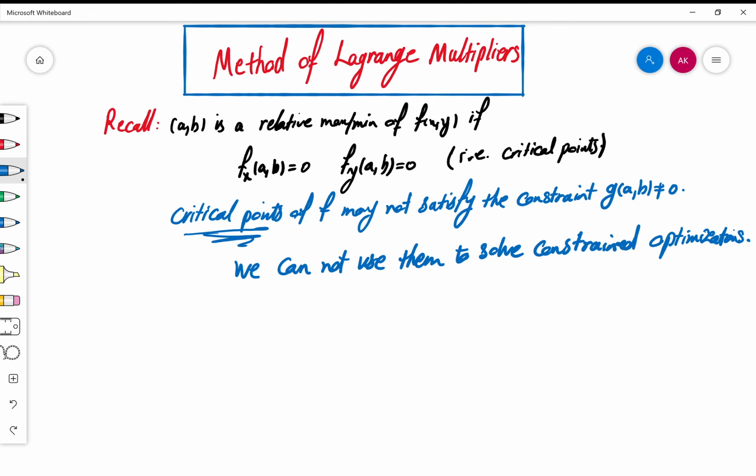Okay, well, then what else do we have? This is where Lagrange comes in. This is something that Lagrange discovered.